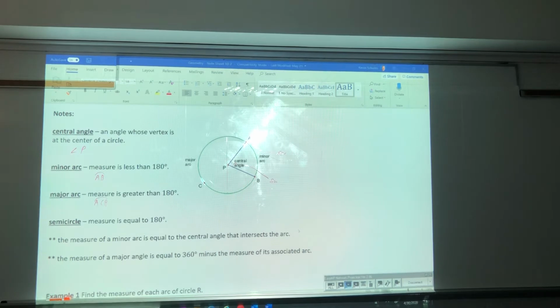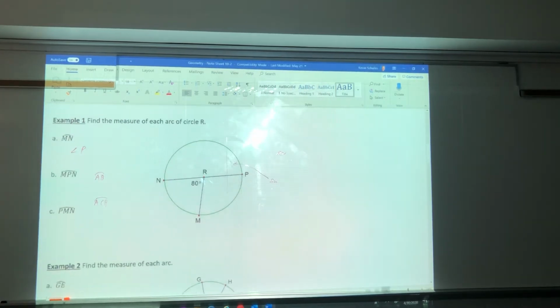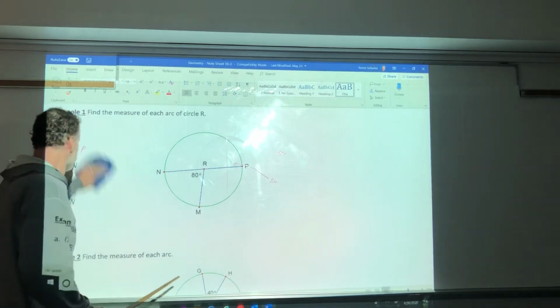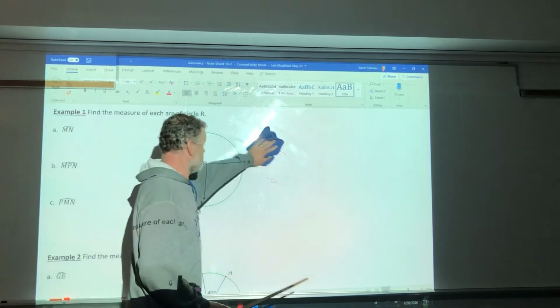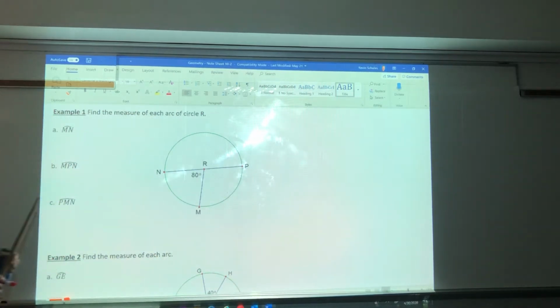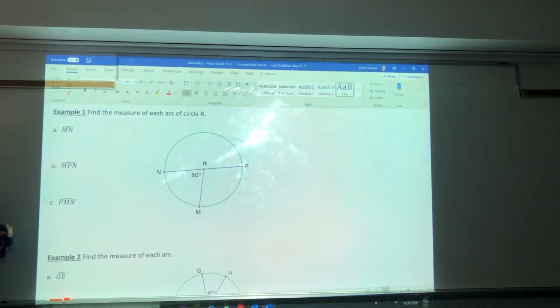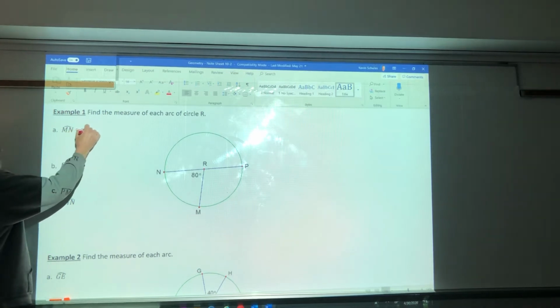Moving forward, we're going to find the measure of each arc. I'm going to circle R right here. We look at MN right here, since our central angle is 80 degrees, the measure of arc MN is also going to be 80 degrees.